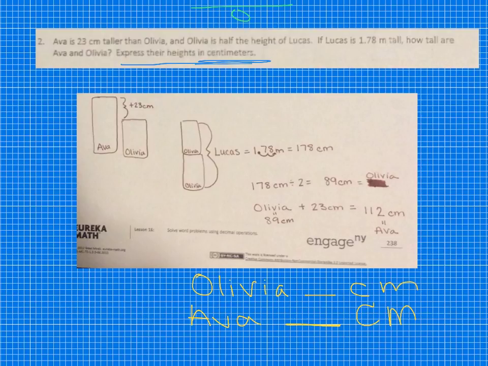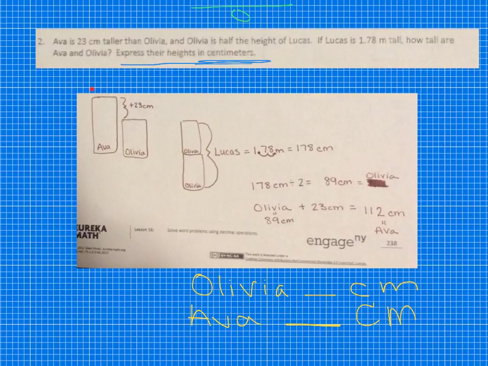Okay, now I go back up and I see what we need to do with our problem. This problem is probably very good to use a picture because I've got all these people and you don't really know who's doing what. So it can get kind of confusing. So I'm going to draw a rectangle for Ava. This is how tall Ava is.